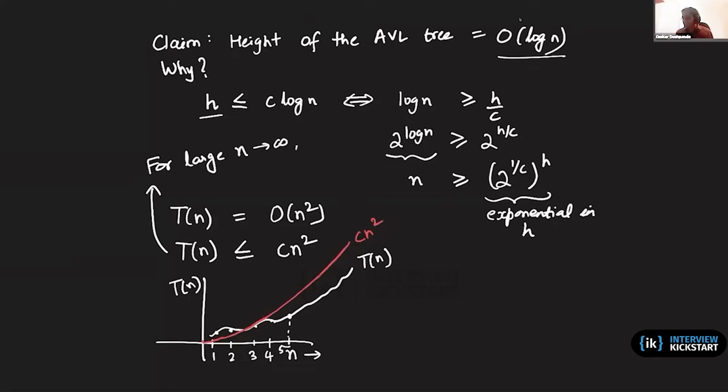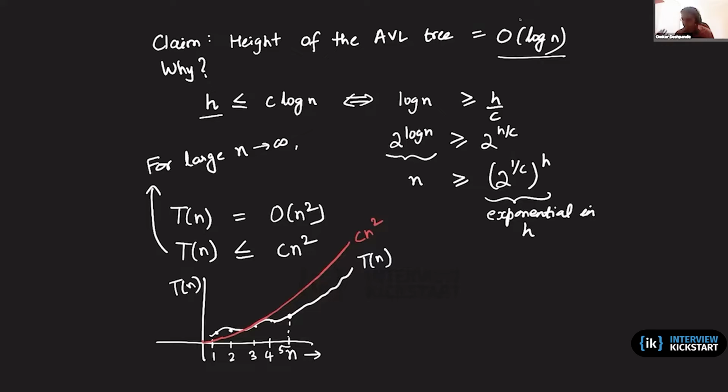That means there will come a point where T of n will be bounded from above by a constant multiple of n square. This is technically the definition of the big O notation, right? So we don't care what the constant is, whether it's n square or 2n square or 3n square, doesn't matter.